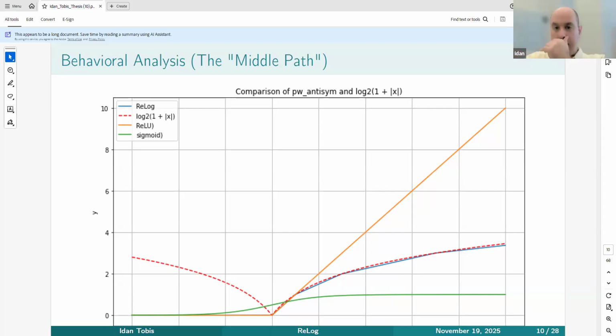It grows unbounded, so it doesn't have vanishing gradients, but it grows at a sublinear rate, so there are no exploding gradients either. It's basically the middle path, what we call in Hebrew shvil hazahav, the golden road between those two activation functions.